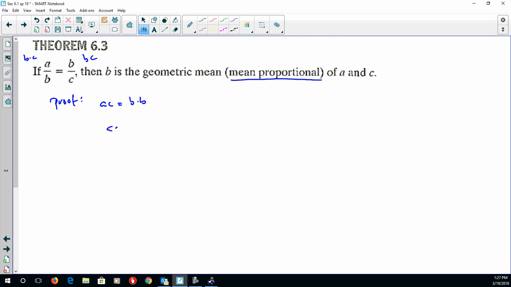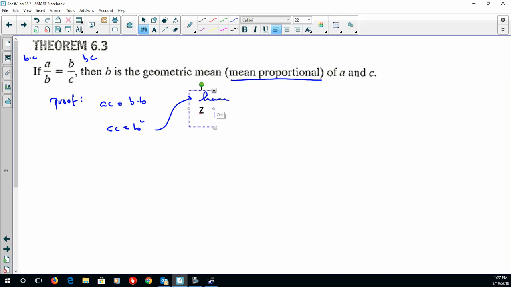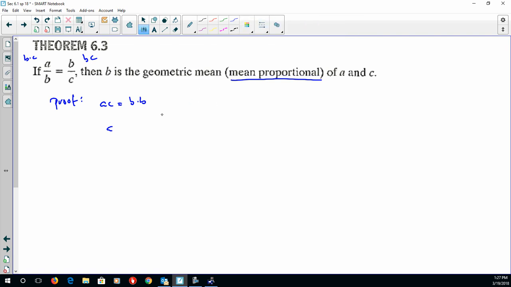Hence, that's what that's supposed to say. If we take the square root here, equals B, so B is the geometric mean.